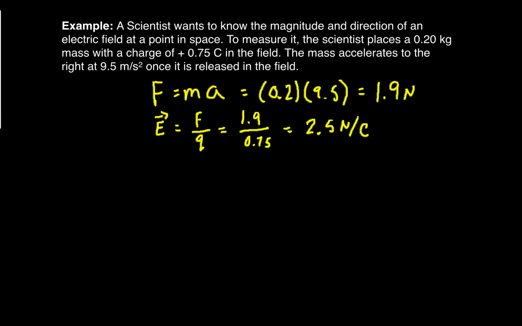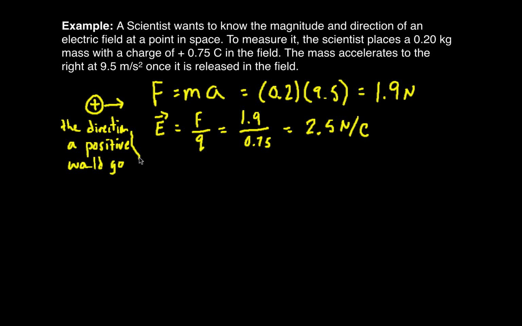Now we need to figure out the direction of the field as well. Since this is a positive charge and it's accelerating to the right, and the definition of electric field direction is the direction a positive would go, we know that our positive charge traveling to the right tells us the direction of the electric field.